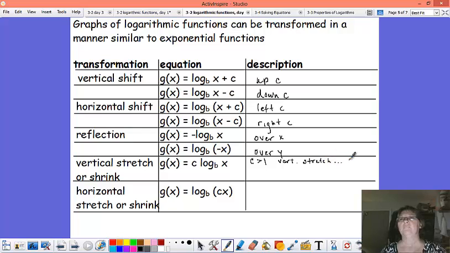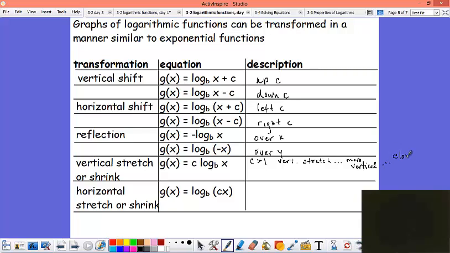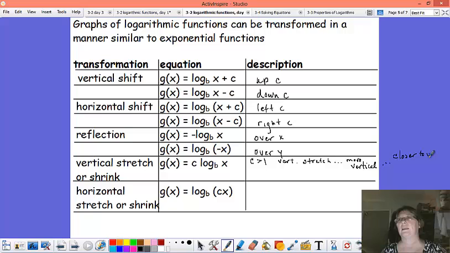It becomes more vertical, or some people would say closer to the y-axis, so I'll add that as well, closer to the y-axis. When C is between 0 and 1, the opposite happens. That's a shrink in the vertical direction, a vertical shrink or compression, and that means it gets less vertical. It moves farther from the y-axis.